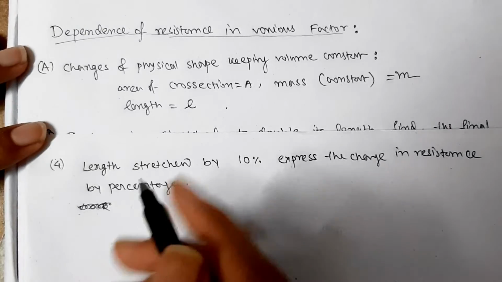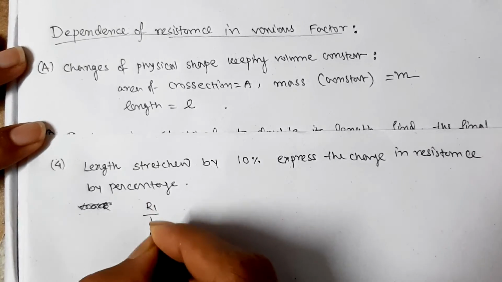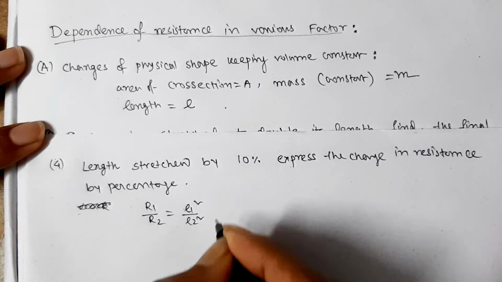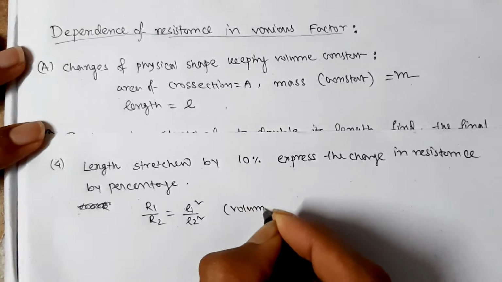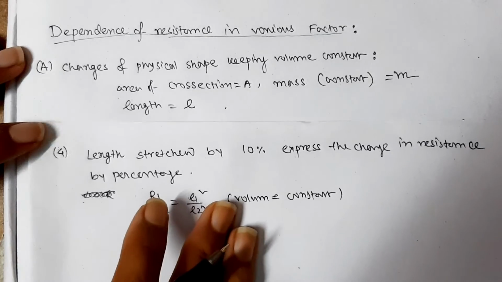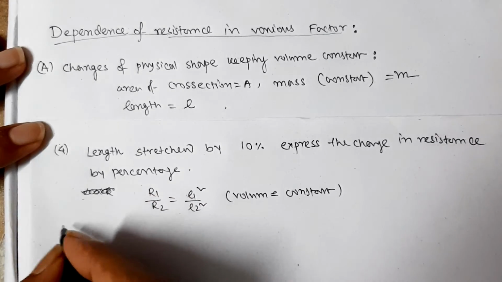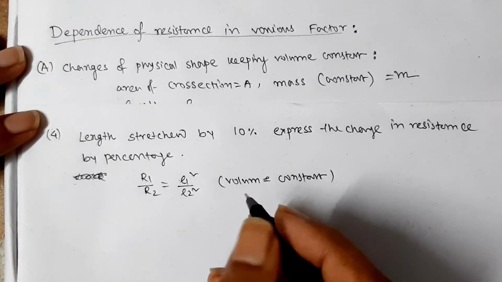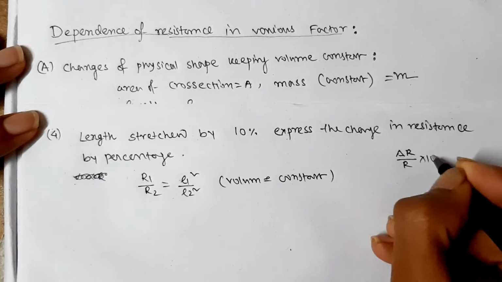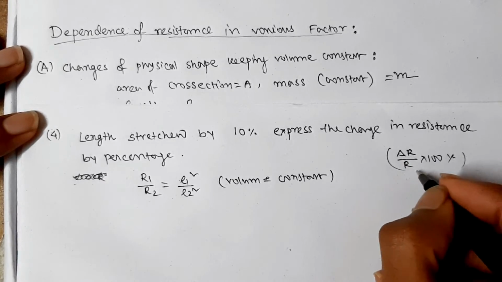Now we know that R1 by R2 is equal to L1 square by L2 square if volume is constant. Now the percentage change of the resistance can be shown, because we do not use the derivative, so we cannot use delta R by R into 100%. We do not use that in this process because the length increase is more than 4%.